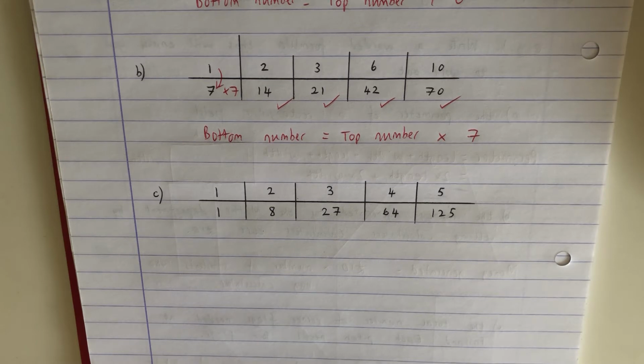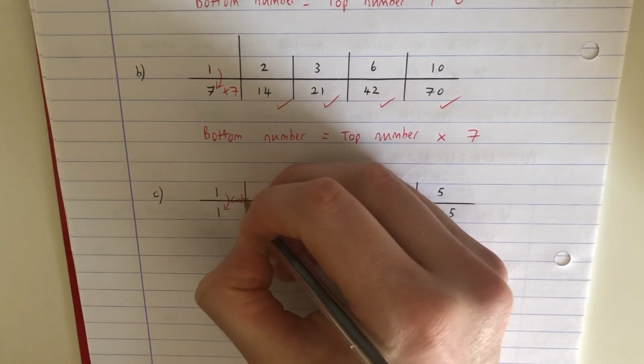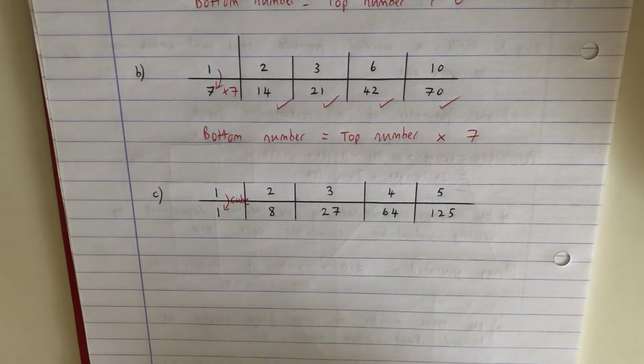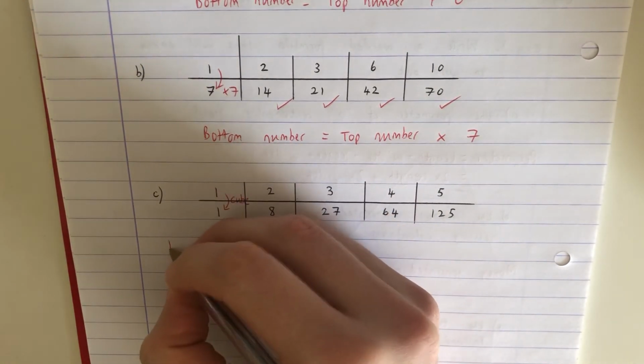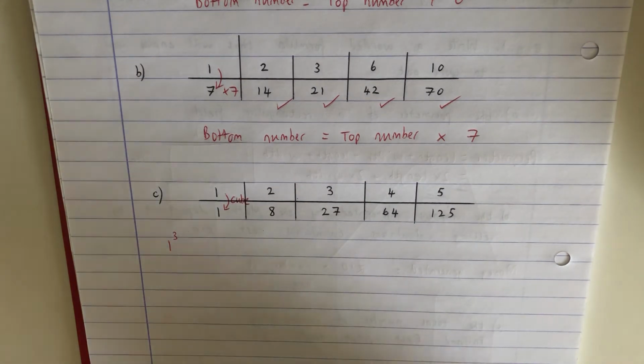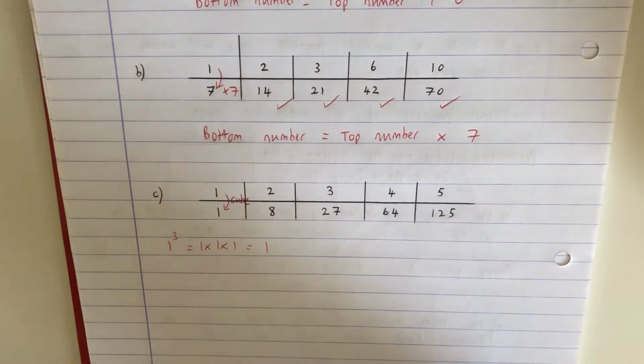So it's not times, divide, add or subtract, but some index form that we did back when we were doing BIDMAS. And the rule is you actually cube everything. You might be thinking, what does cubing mean? So I'll remind you. Top number is 1. 1 cubed is the same as 1 times 1 times 1, which gives you 1.